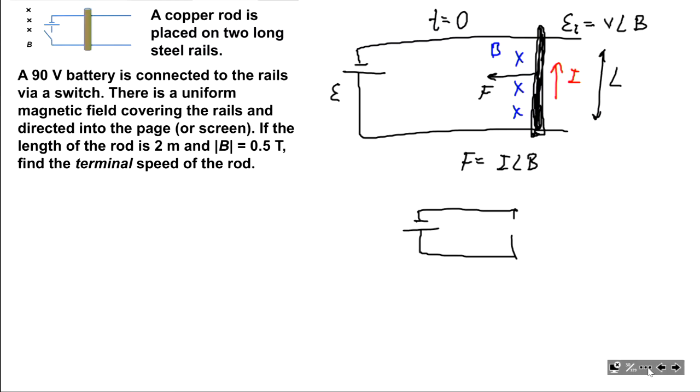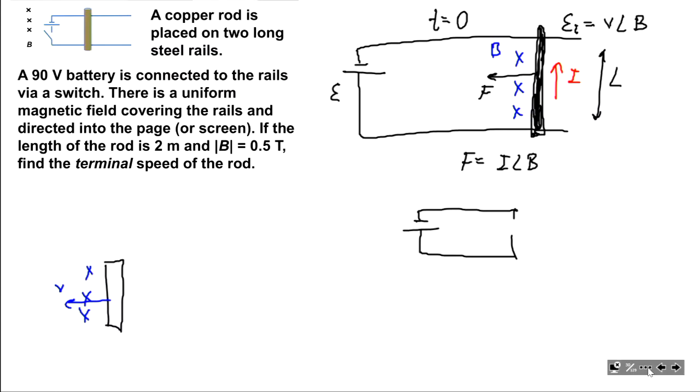So now it is actually helpful just to look again at a rod by itself with the magnetic field into the screen and with the velocity to the left.